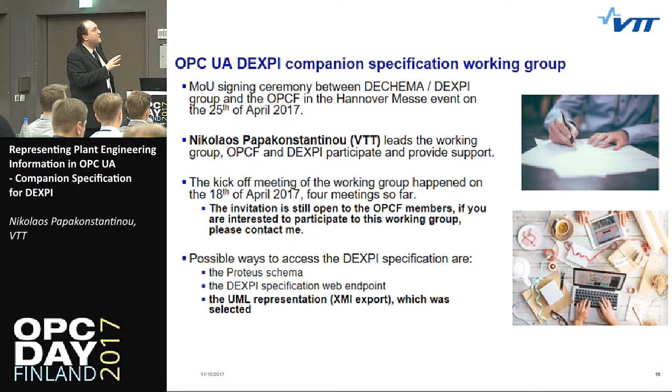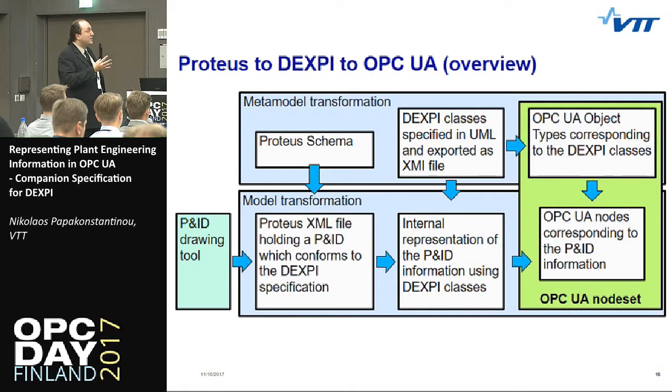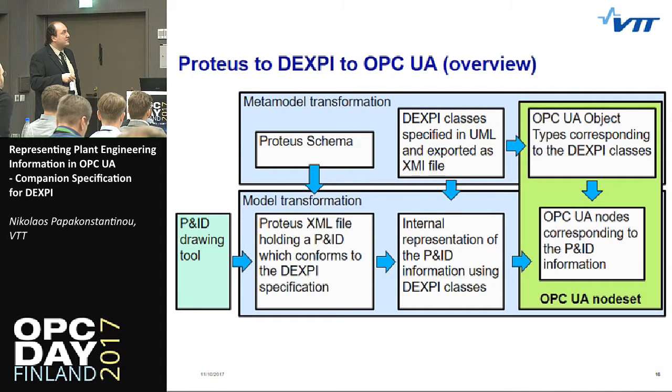Here is a little overview of what we are trying to do. Everything starts from the drawing tool that exports a Proteus file, so the piping and instrumentation drawing tool. You can use here Bentley or Aveva, which produces a Proteus XML file that follows the DEXPI specification.